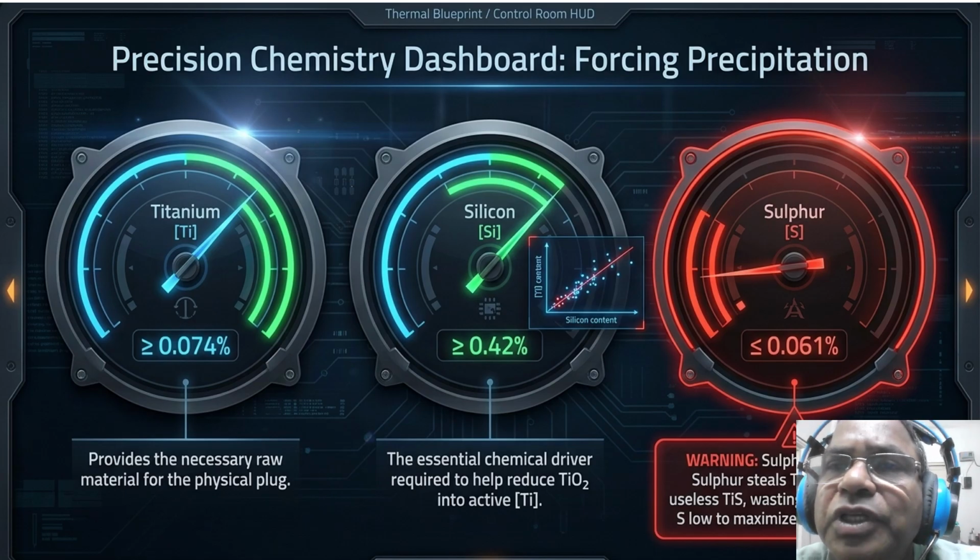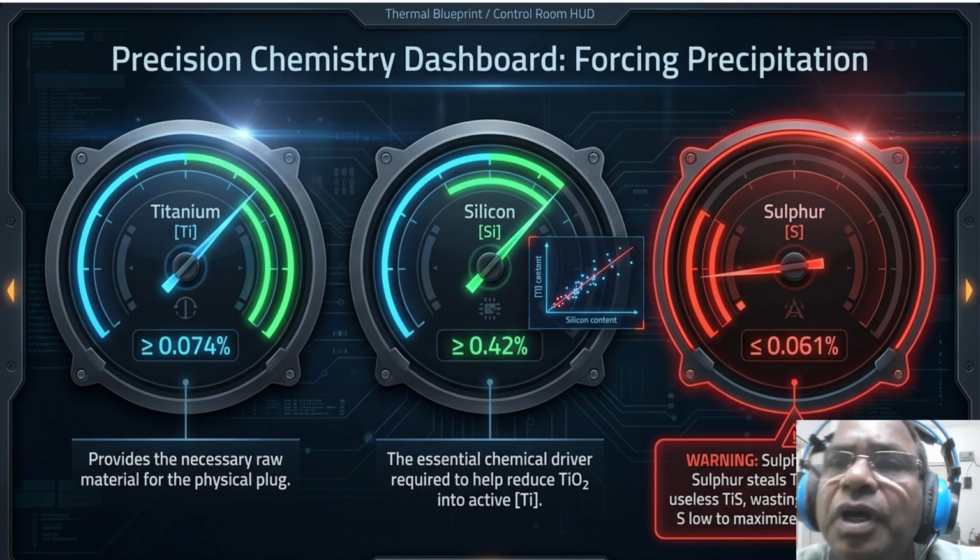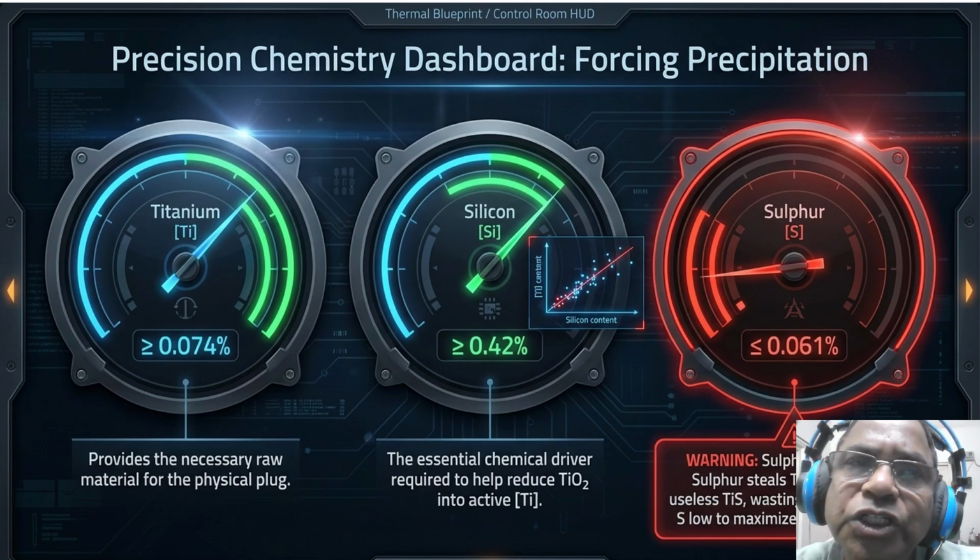If your sulfur is high, you are effectively throwing money out of the taphole. Operationally, this means managing your slag basicity is just as important as the titanium injection itself. You must lock in these dashboard parameters to turn that liquid Ti into a solid seal.